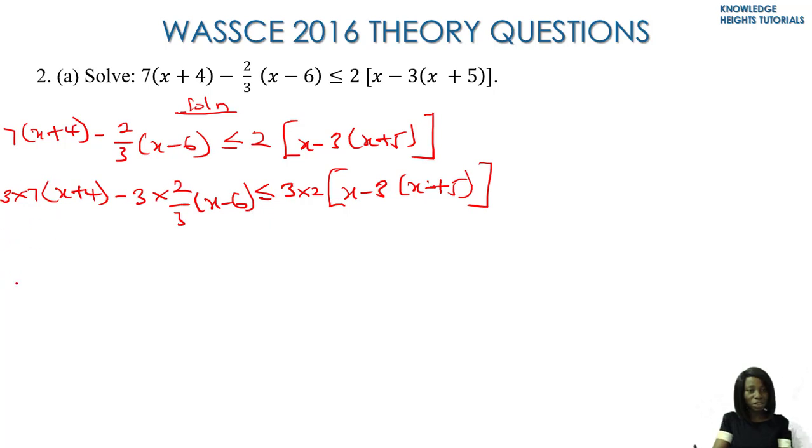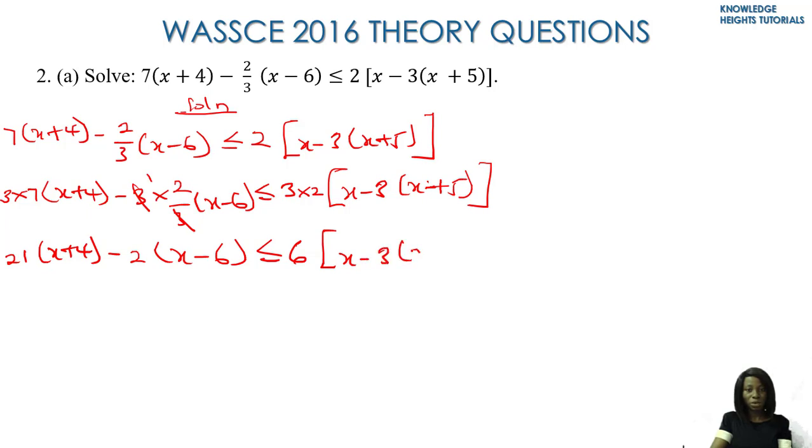We have 3 times 7 will give us what? 21 into x plus 4 minus. This 3 will cancel this 3. Very simple. 1 times 2 will give you what? 2 into x minus 6 less than or equal to 3 times 2 will give us 6, into x minus 3 into x plus 5.